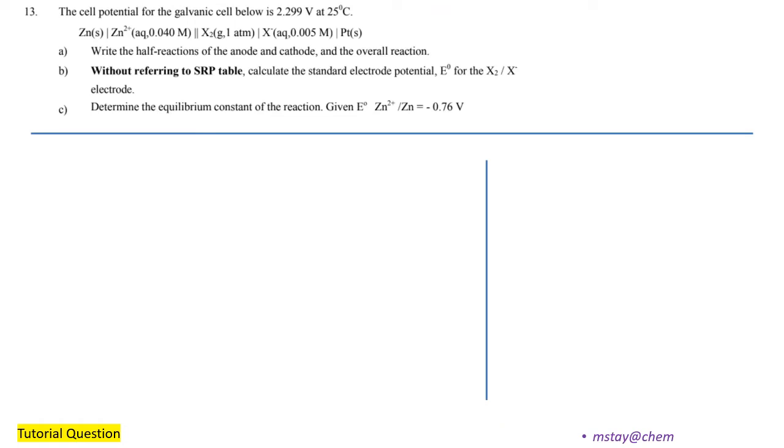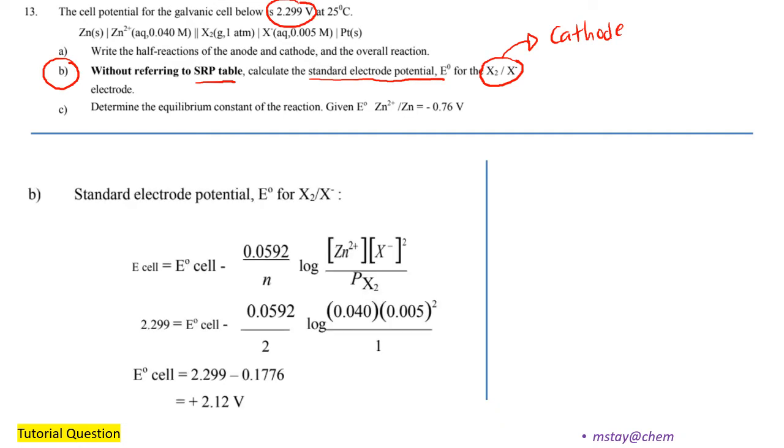Still in question 13, but now we are looking at 13b. Without referring to the SRP table, calculate the standard electrode potential for X2 and X negative. So we know that this is the cathode, and then we are given the E cell, which means we are going to solve this problem using the Nernst equation.